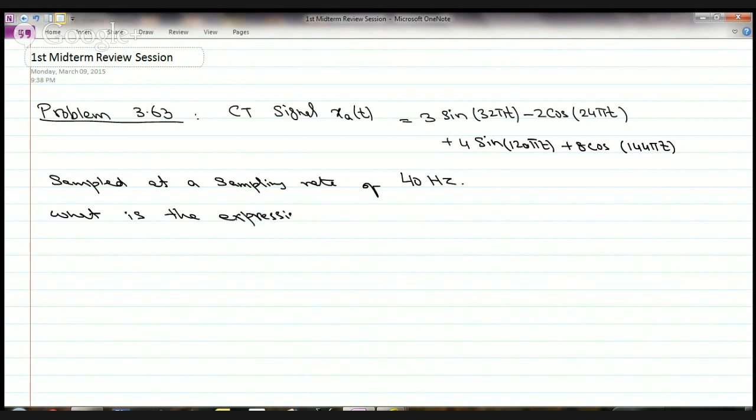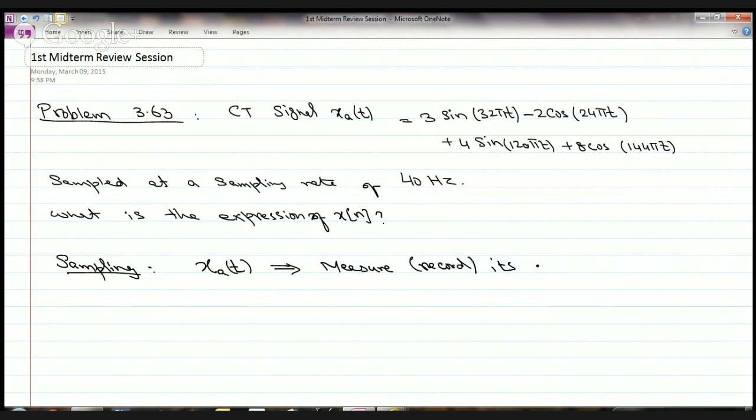Now, the person who asked this question was wondering that they understand how graphically sampling works, but how do you do this analysis? So whether you are looking at it graphically or mathematically, sampling is basically the process which says that if you have a signal xa of t or ga of t or any other variable that you use for that, you basically measure its value every capital T seconds.